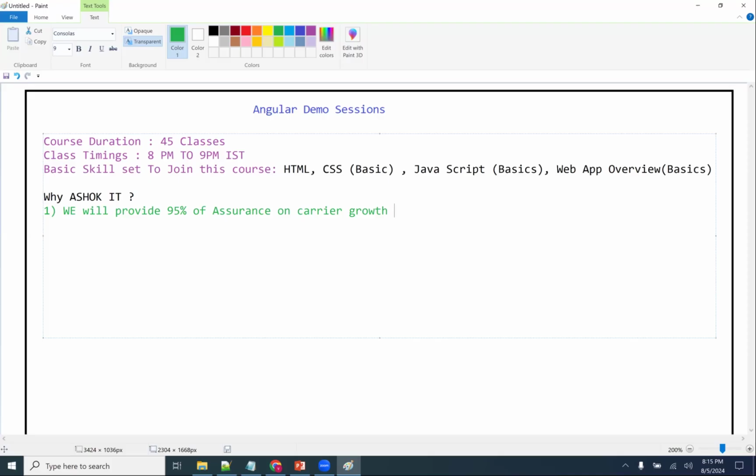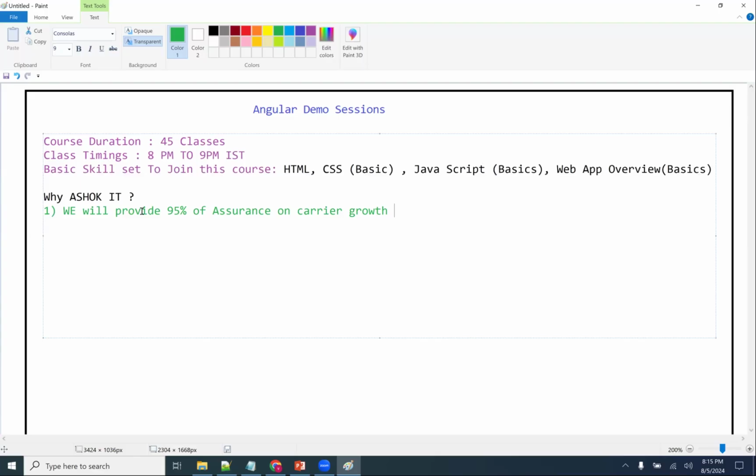Those who take this course by joining daily, attending the class regularly, listening to the classes, completing the given assignments, and asking good, sensible questions, making sure that you have a passion to learn the course, for them we will provide 95% assurance on career growth, meaning a job.